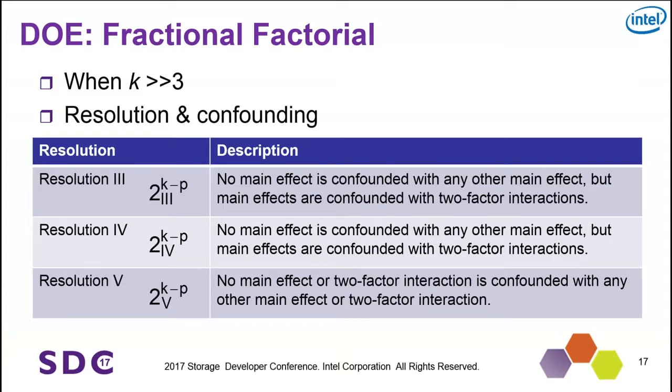For anything with more than 3 factors, I will use fractional factorial. When it comes to fractional factorial, we have resolution to guide us. In this case, I always stay with resolution 5, where I will cover all the individual main effects, how they impact the output, and also 2-factor interactions.